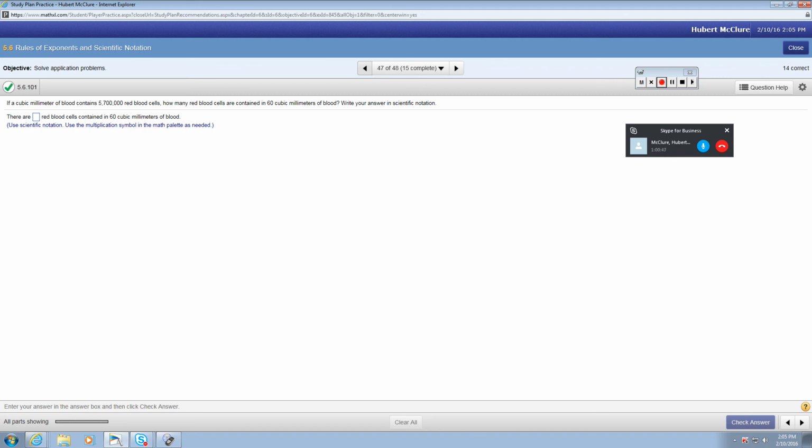And which way do we move this decimal in our head to get it back the way it was? To the right. So 3.42 times 10 to the what? 8. That's a big number.